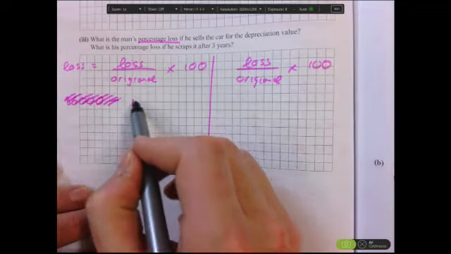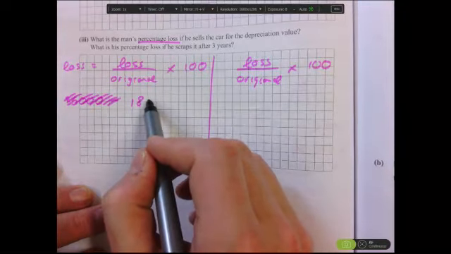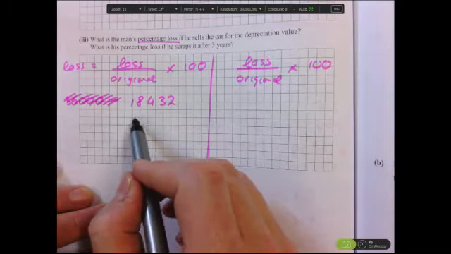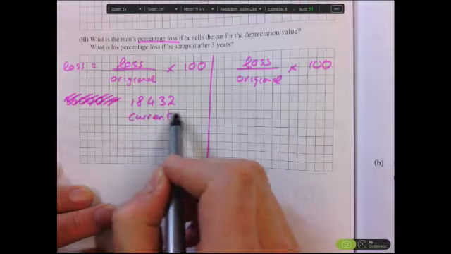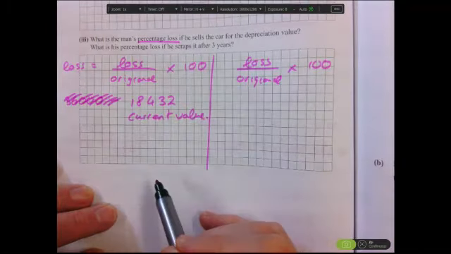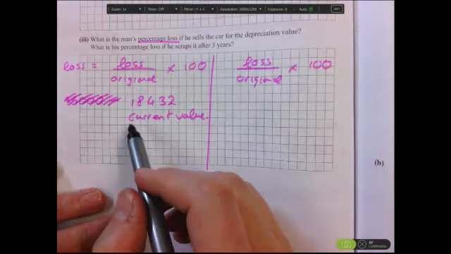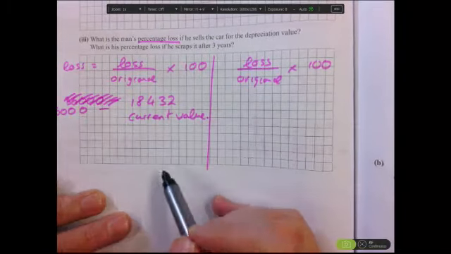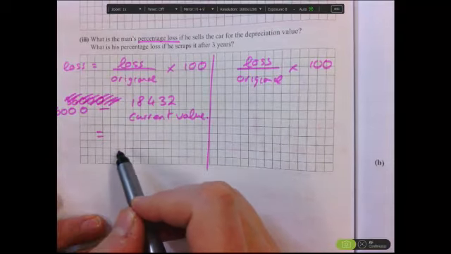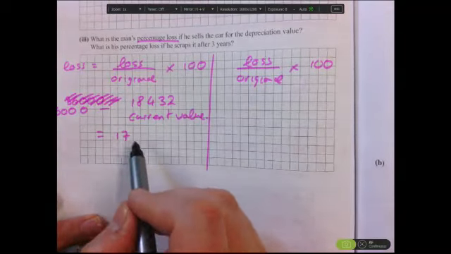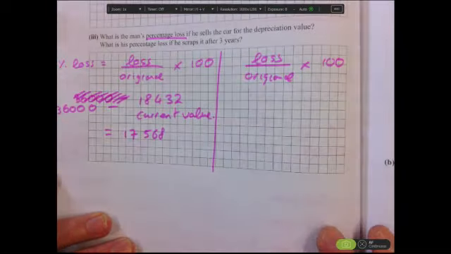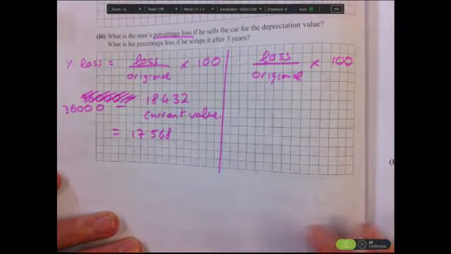The 18,432, that's its current value. So to find out how much it has lost, we need our 36,000. We need to take that figure away. When we subtract it, you're going to end up with 17,568. So that's how much has been lost.